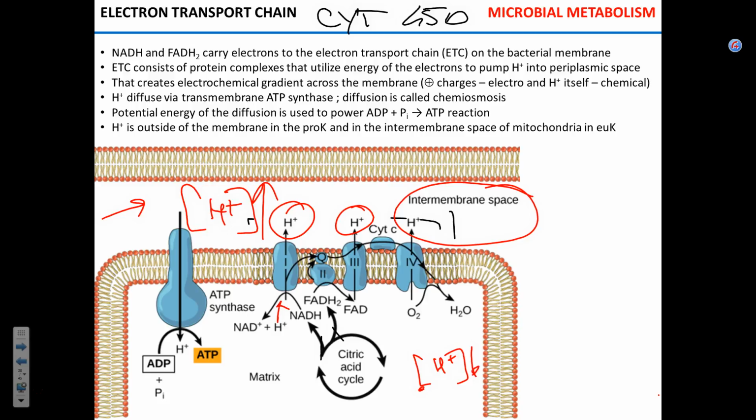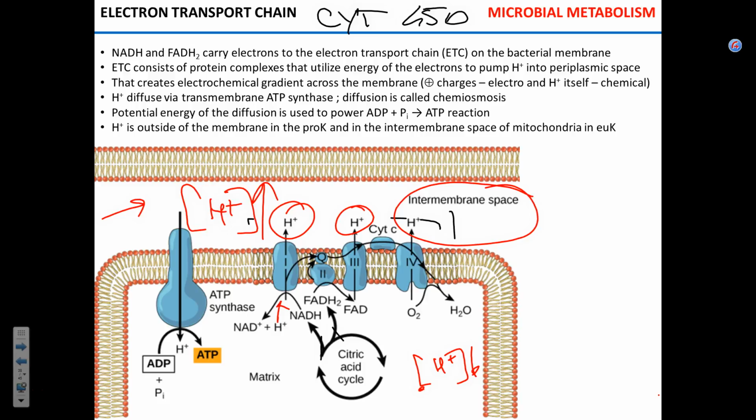What are we going to create across the membrane? If the concentration of hydrogen is higher on one side than on another, what do we call this? Wait, not yet. We're getting there. First of all, when you have high concentration and low concentration, between them is the concentration gradient.